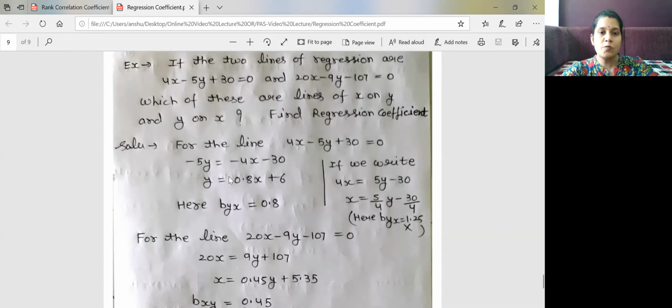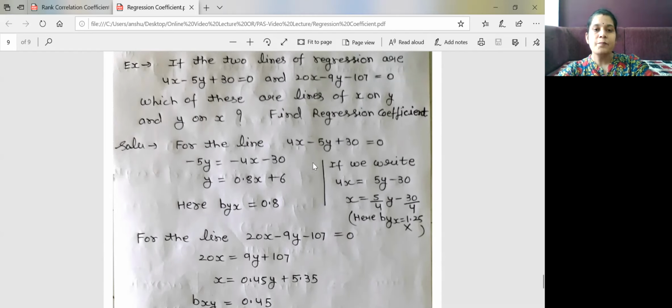Here 0.8 is our byx, because if our regression line starts from y minus y bar, then we use the regression coefficient of y on x. And if our regression line starts from x minus x bar, then our regression coefficient is bxy. So here byx is the coefficient of x, that means byx is 0.8.